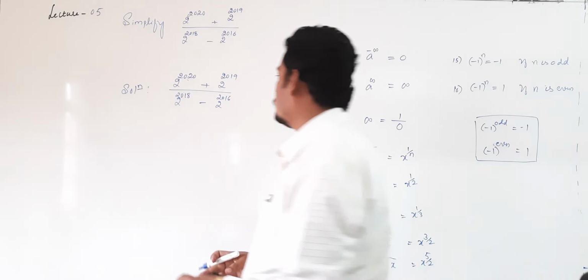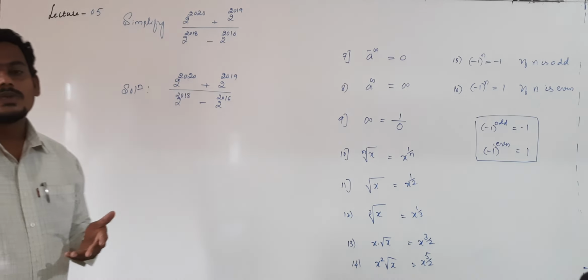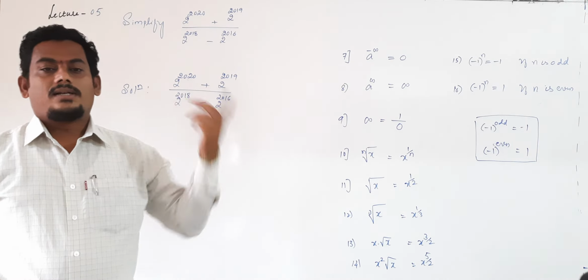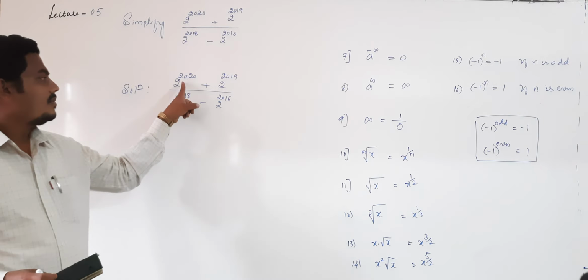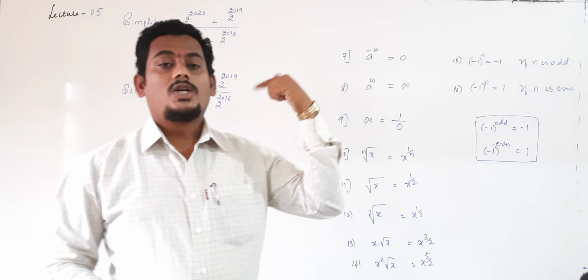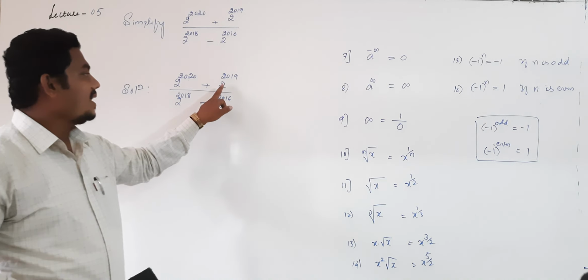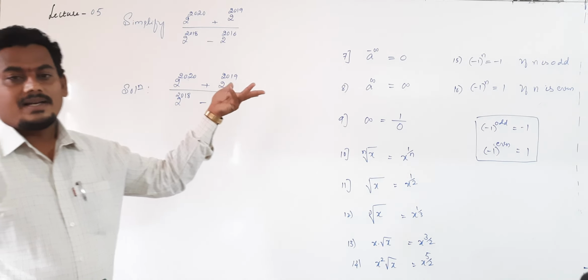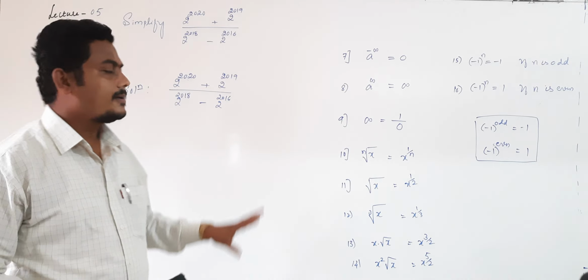What do we do? Multiply 2, 2020 times. It is a very difficult task. 2 power 2020 means multiply 2 2020 times. And similarly 2 power 2019 means multiply 2 2019 times.